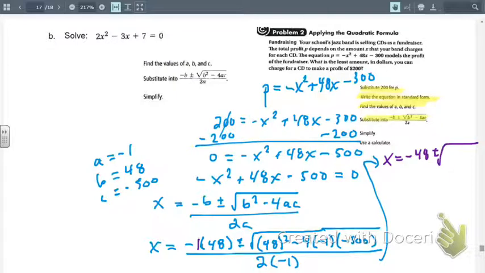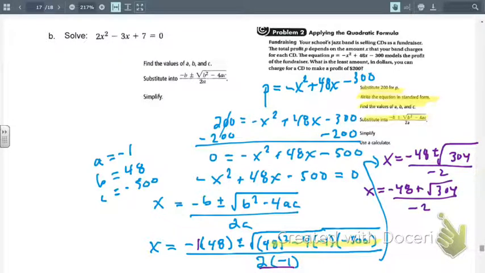So you take 48, you're going to take this part and plug it into the calculator. Right, and when you do that, you're going to get 304. And then we're going to divide by 2 times -1 is -2. So our two solutions, x equals -48 plus the square root of 304 divided by -2.